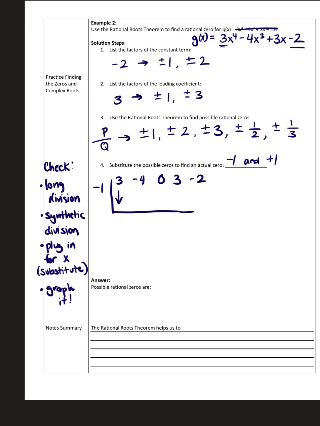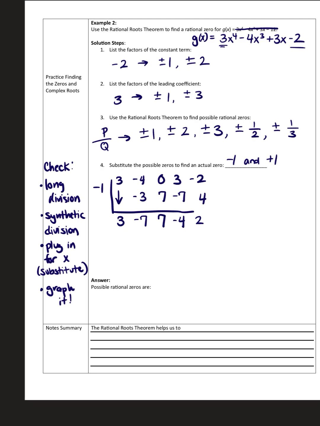I'm going to start by bringing down that 3. -1 times 3 is -3. -4 plus -3 is -7. -1 times -7 is +7. 0 plus 7 is 7. -1 times 7 is -7. 3 plus -7 is -4. -1 times -4 is +4. And then -2 plus +4 is +2.